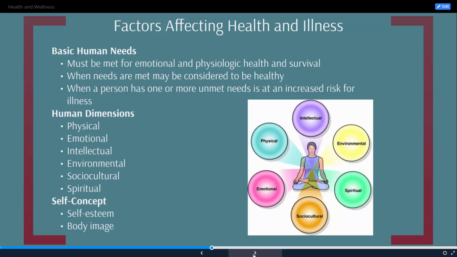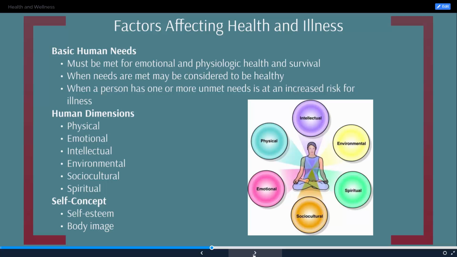And then concepts such as self-image and body image, those also have to do with someone's feeling of health, right? Because remember, health encompasses all the parts of our body. It's very holistic. It's not only that we have physical health, but do we have psychosocial health and emotional health and things like that. It all goes along with the human body, okay?